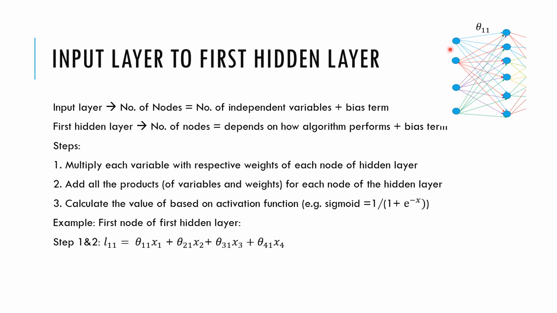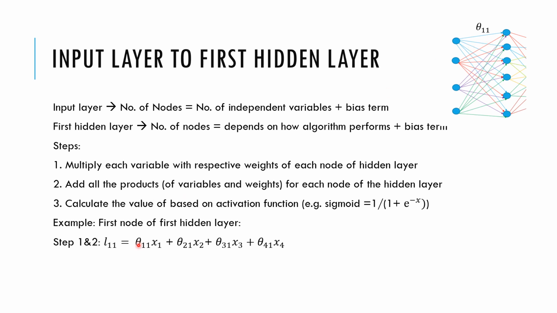In theta, the first digit represents the node number of the input layer, and the second digit represents the node number of the first hidden layer. So theta 11 means the first node of the input layer and the first node of the first hidden layer. Now we are just dealing with this node of this hidden layer, so just focus on this node at the moment.